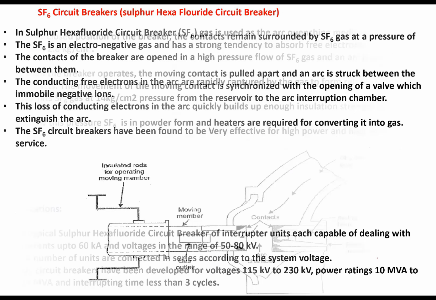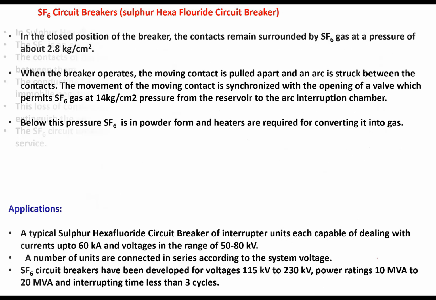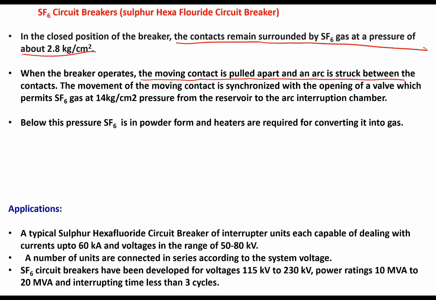So in closed position, the contacts remain surrounded by SF6 gas at a pressure of 2.8 kg per centimeter square. When the breaker operates, the moving contact is pulled apart from the fixed contact. The arc is struck between the contacts. The movement of the moving contact is synchronized with the opening of the valve.